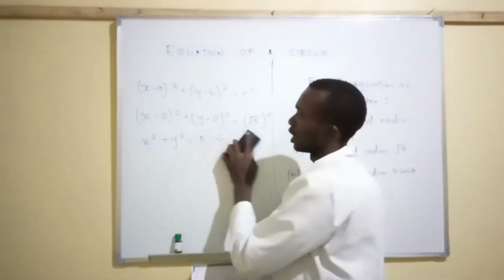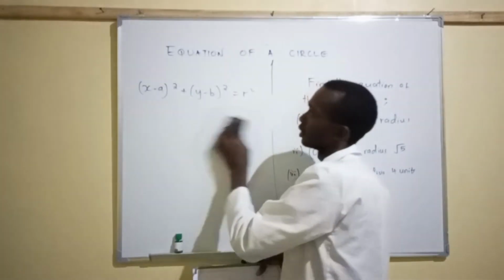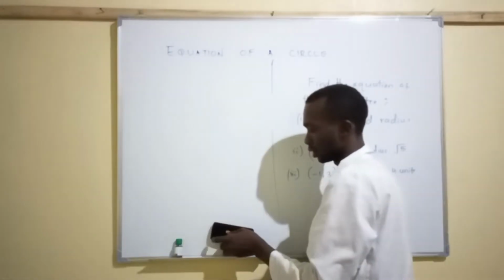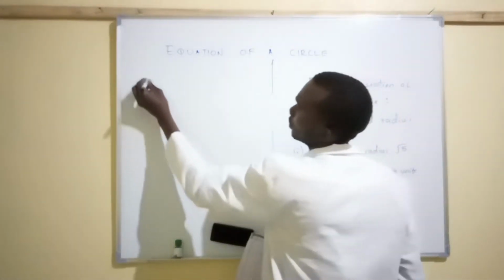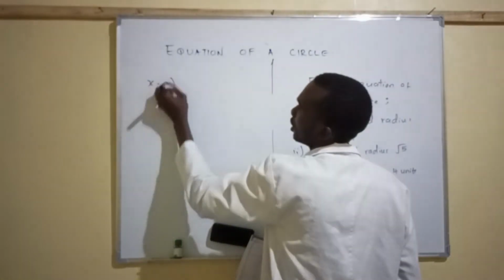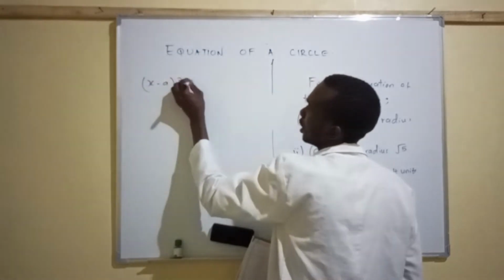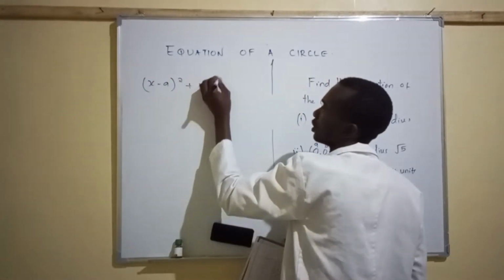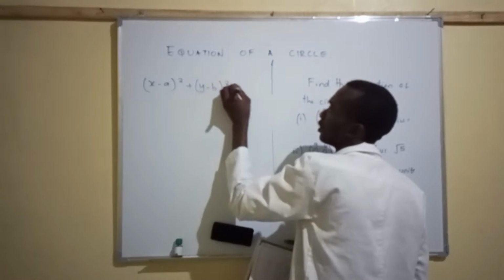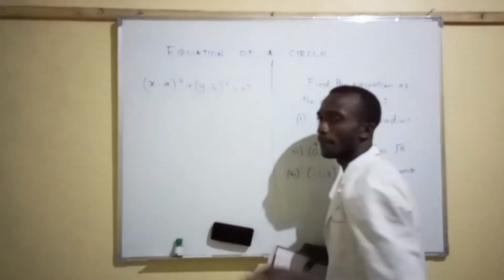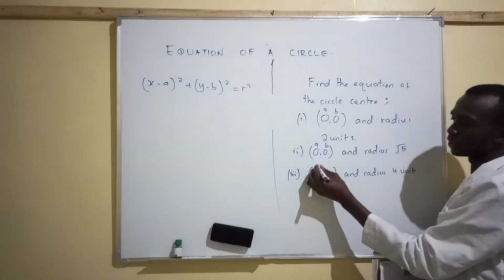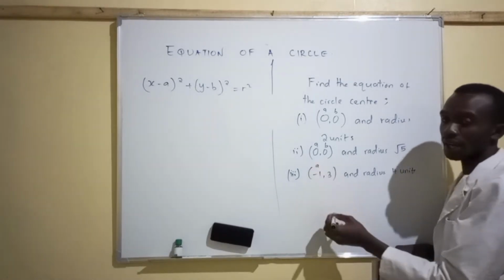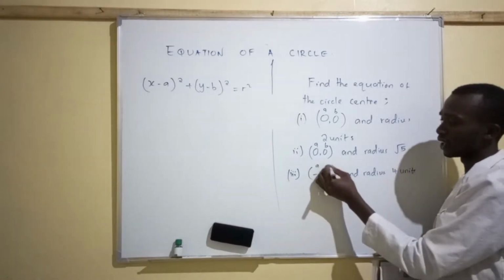Now, in applying the formula, (x minus a) squared plus (y minus b) squared is equivalent to r squared. In the coordinates here, our a is negative 1 and our b is 3.